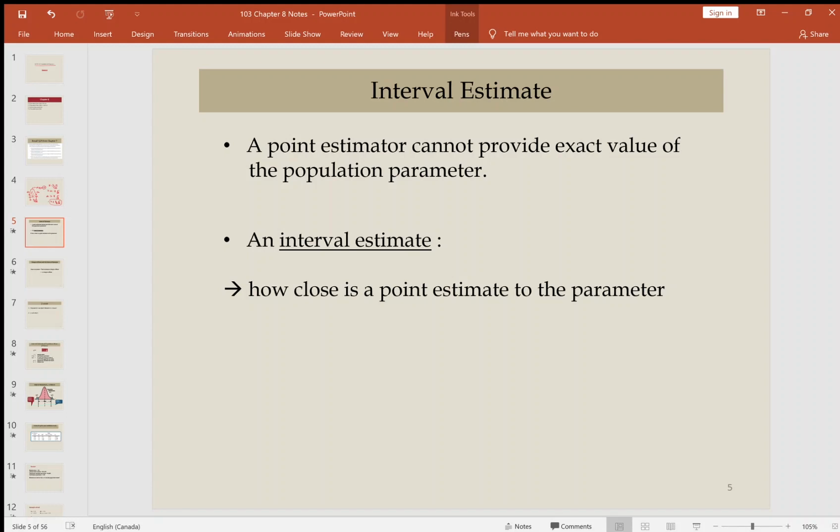Okay, so now we know that in the previous chapters we've been finding a point estimator. So a point estimator is basically, for example, we want to know the population mean mu.